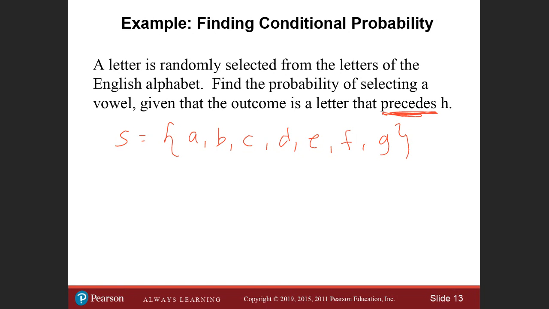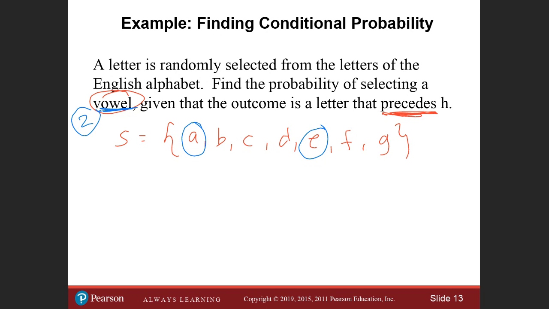So now, notice also that there's a word vowel. So the word vowel means you're looking at letter A and letter E. So we have 2 vowels. So that's actually the one over here, A and E. And then what's the question asked?